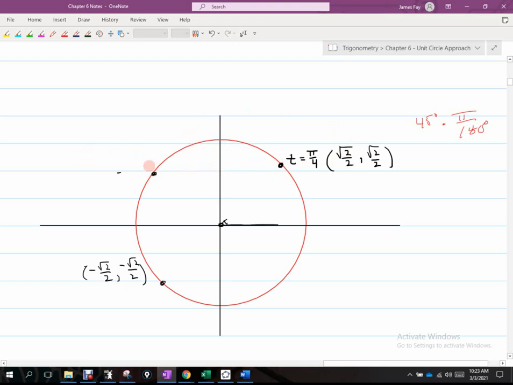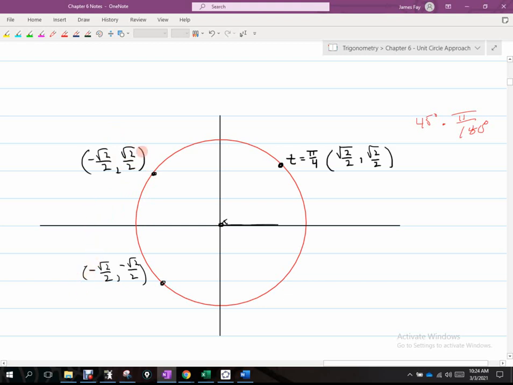Does that make sense? But because I move in the left direction, it's negative radical 2 over 2. This distance that I traveled to get from 0, 0 to that first point is going to be the same as that distance, right? And they're both positive.